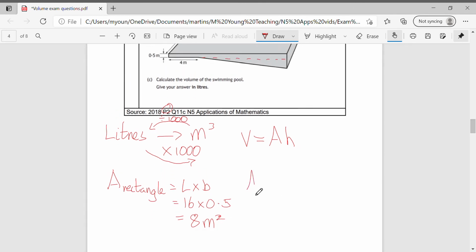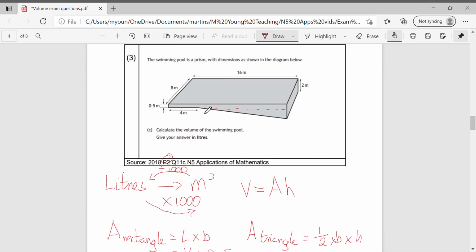Now let's try and work out the area for that triangle. The area formula for a triangle is a half of base times height. Right, let's try and work out what the base of this would be. Well, if it's 16 along all the way, and from here to here is 4 meters, then this must be 12.